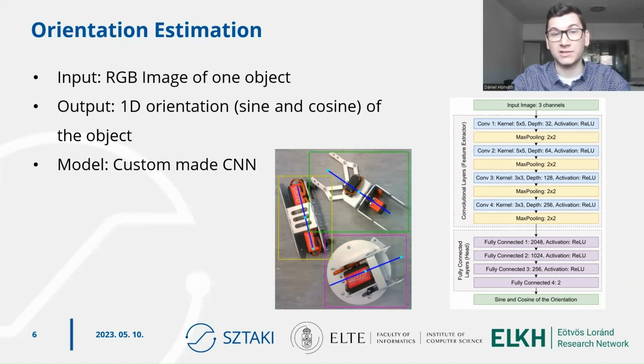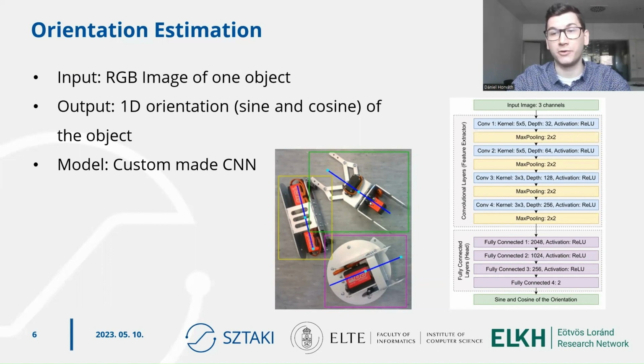And the model is a custom-made CNN. As you can see on the right side, this is the structure of the CNN. The body, which is the feature extractor, uses convolutional layers with different kernel sizes and different depths, but all of them with a ReLU activation. We use max pooling as well.